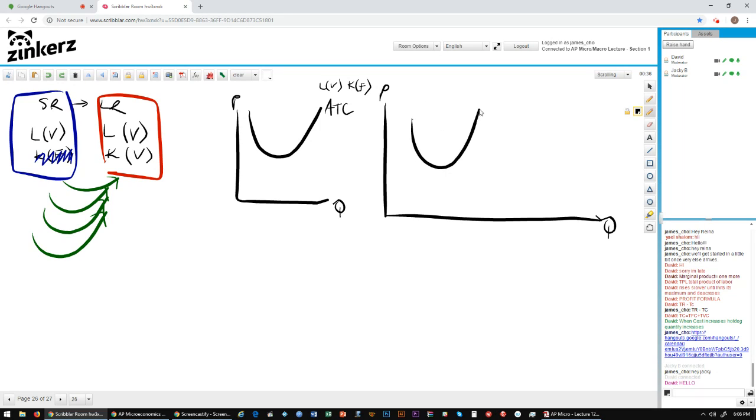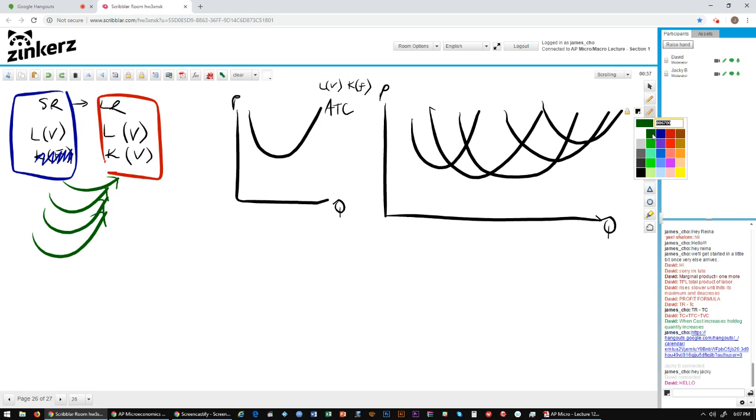Here's our ATC curve when our labor is variable, but our capital is fixed at one factory. Here's another ATC curve where our labor is variable, but our capital is fixed at two factories. Then here's 3 factories, here's 4 factories, here's 5 factories. So what we did is we're taking a look at short run average total cost curves, but we're looking at a whole bunch of them with all different levels of fixed capital.